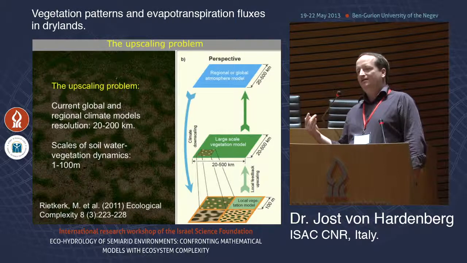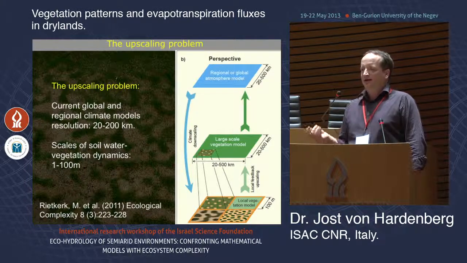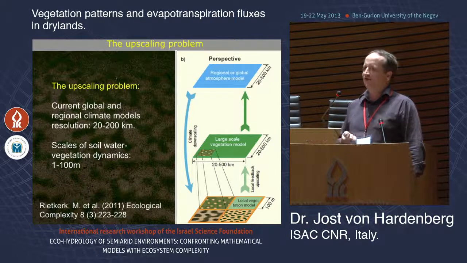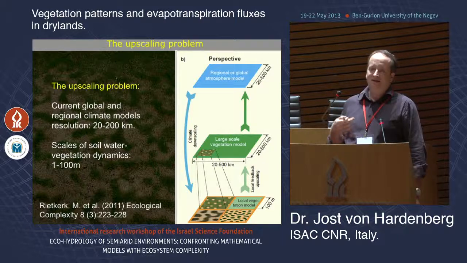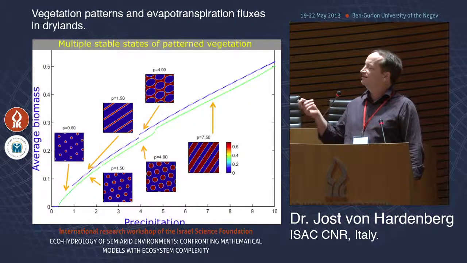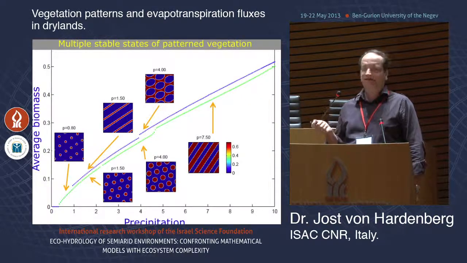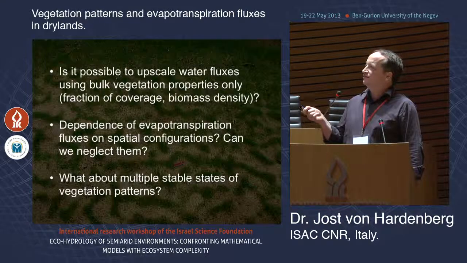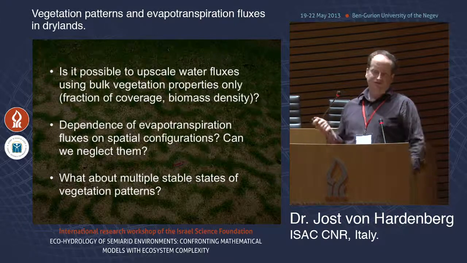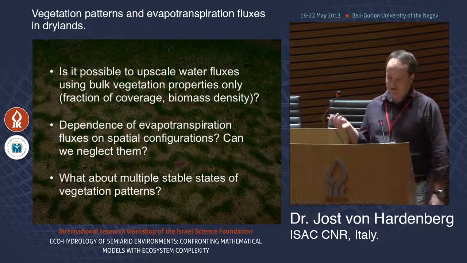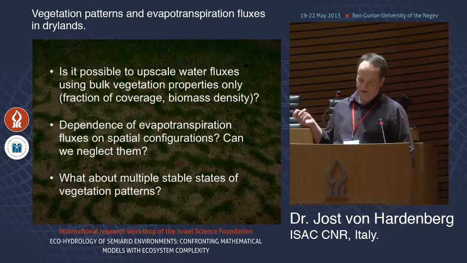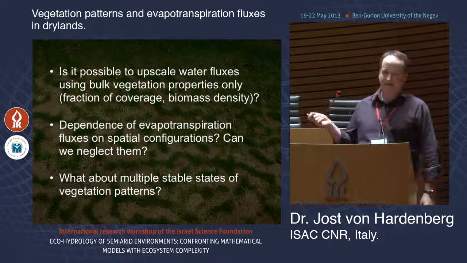On one hand, we have models which work on a very large scale, and it's not reasonably possible at the moment, but probably will never be possible, to represent dynamically the small-scale dynamics, at scales of 10 meters or even less, or centimeters, in a model where we are trying to resolve the global scales, and where we're limited by scales of order of 20 to 100 kilometers. So what is usually done is, of course, to parameterize what is happening at the small scales.